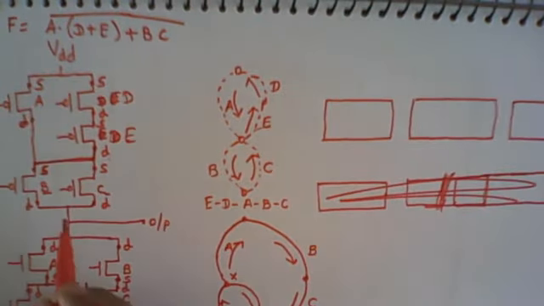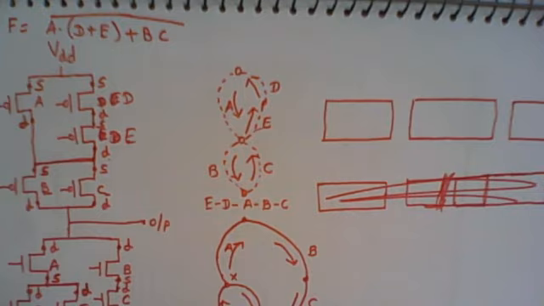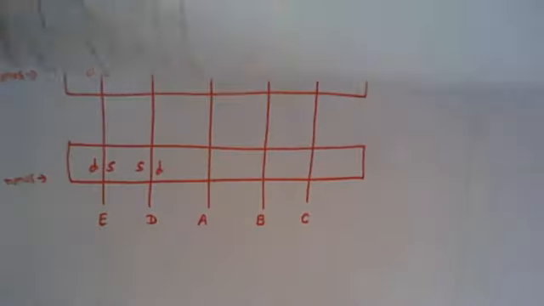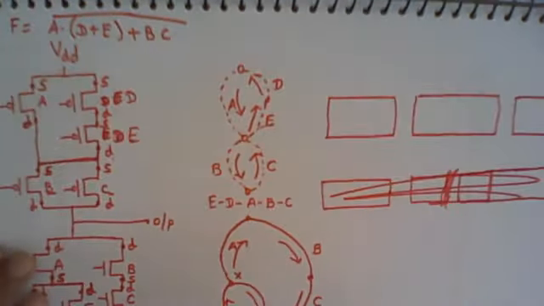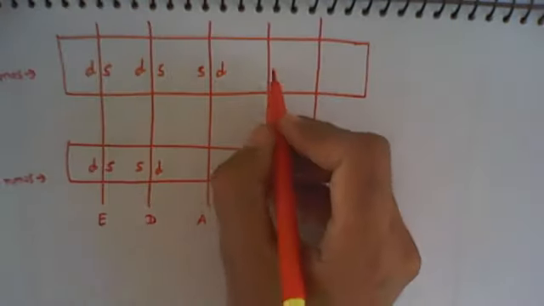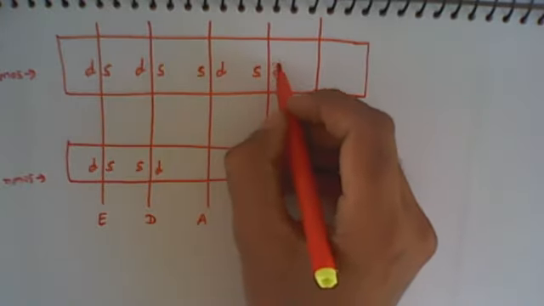Now the drain of A is connected with the source of B and C, which is common, as well as the drain of E, right? So what is the nearer one? It's B. So the drain of A is connected with the source of B.